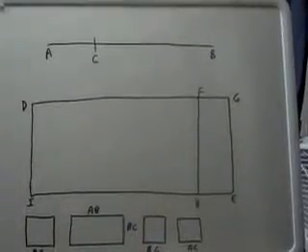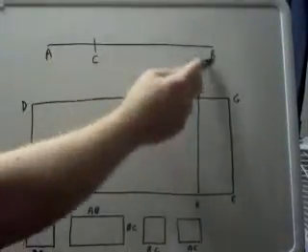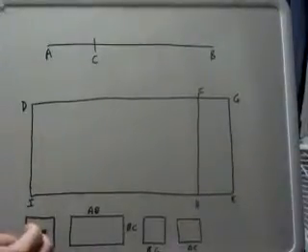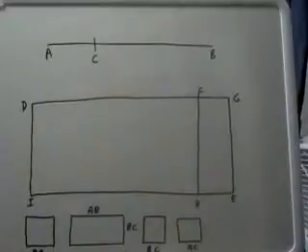Therefore, AB is incommensurable in length with BC. Therefore, the square on AB is also incommensurable with the rectangle ABBC. So, this square and this rectangle are incommensurable. This is by Euclid Book 10, proposition number 2.